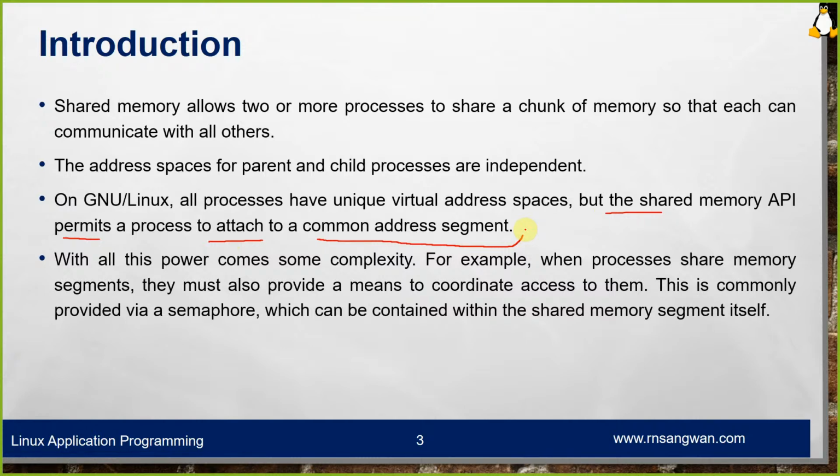For example, when processes share a memory segment, they must also provide a means to coordinate access to them. This is commonly provided via a semaphore. That's what I was talking about, the locking mechanism or token concept, which can be contained within the shared memory segment itself.